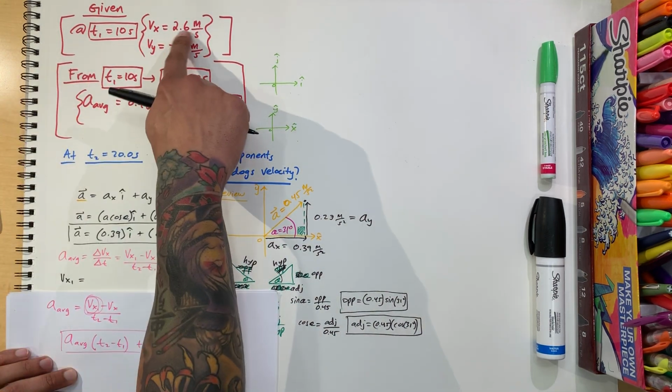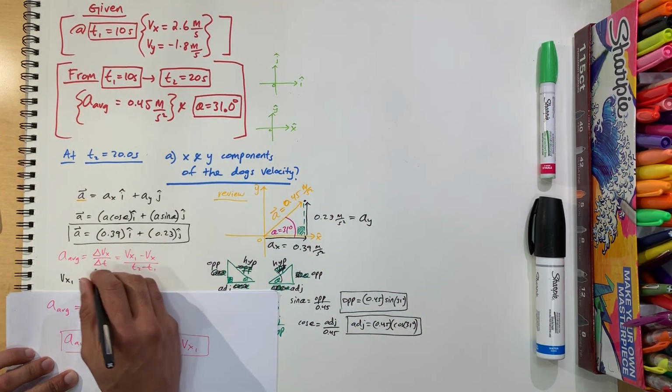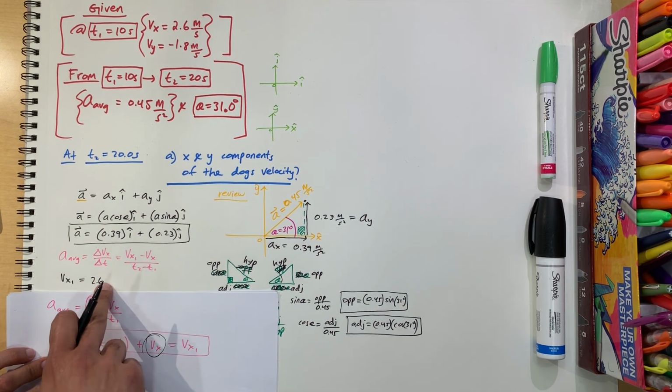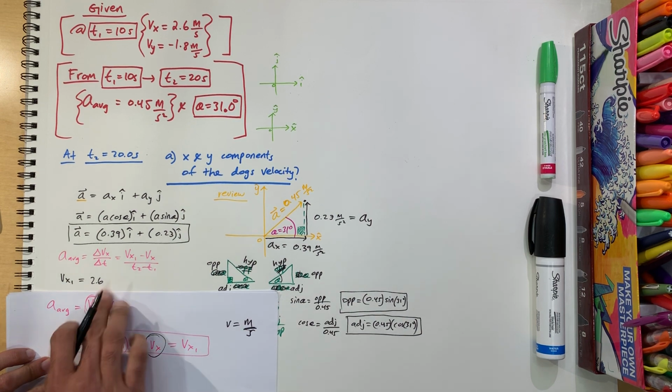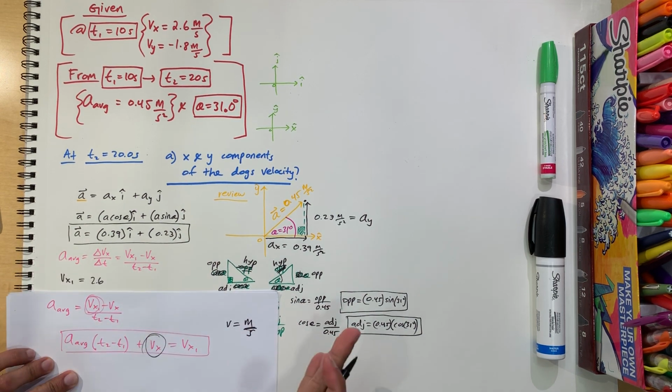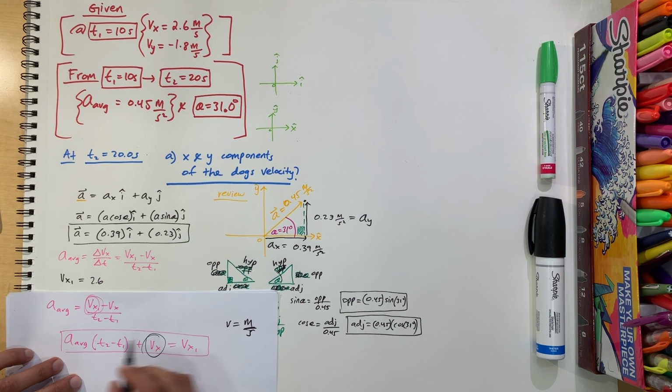We have it here, 2.6. I'm not gonna put the units for now, but I know the units I need at the end, because we have velocity, and velocity is meters per second, no matter what. So I'm just gonna not put the units throughout the problem, make it a little easier.